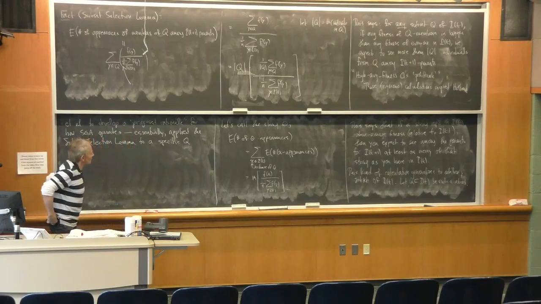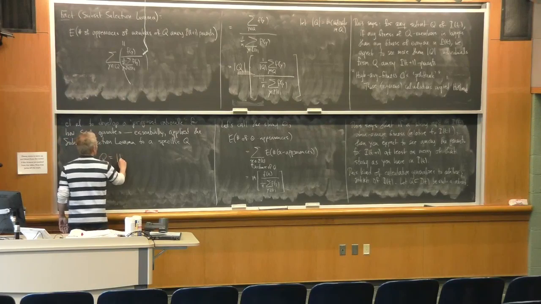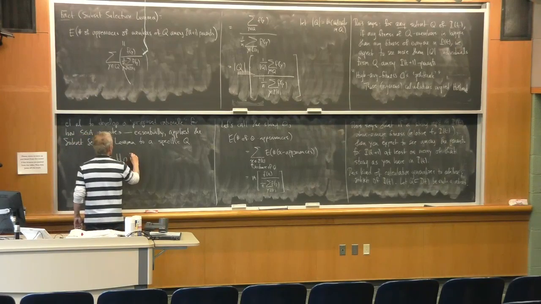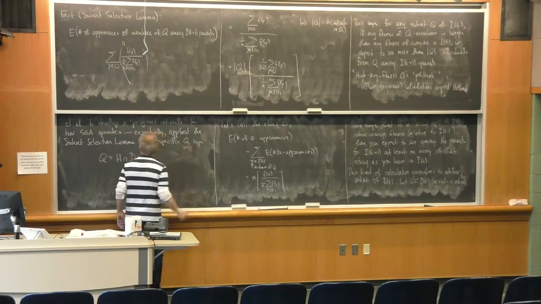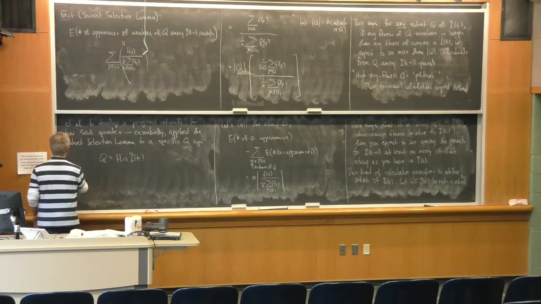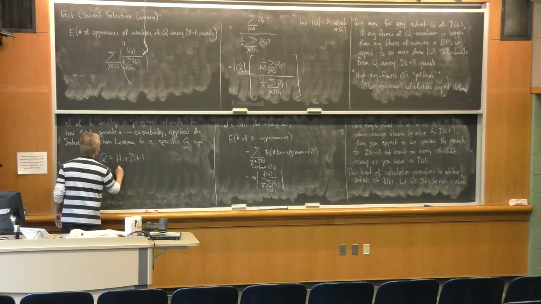What a specific kind of Q they looked at. And Q is going to be what I'll call H intersect P of T. So a specific Q type. Q equals H intersect P of T, where H is a schema.